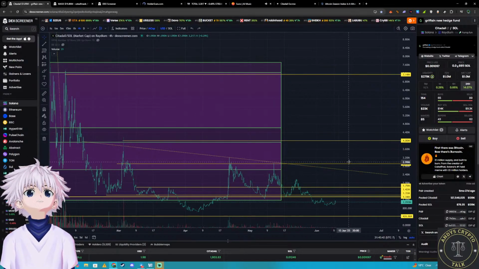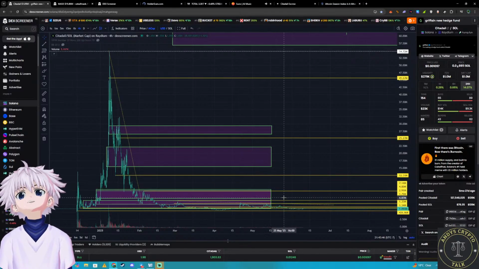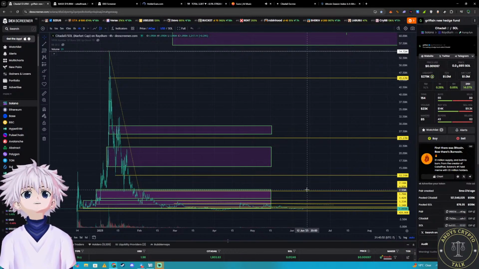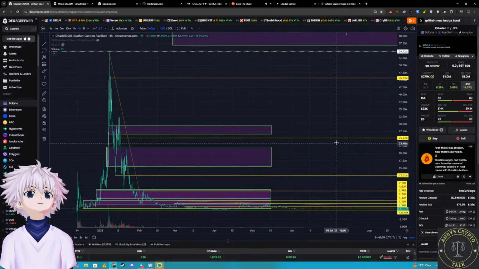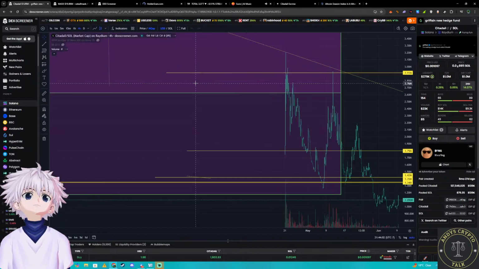So we want to see it move 3 mil, hold that 3 mil, and that's when we're going to be looking at these sort of higher structure areas. 7 to 8 mil is the next line. I would look at 12 to 25 mil as well. What did I just do?